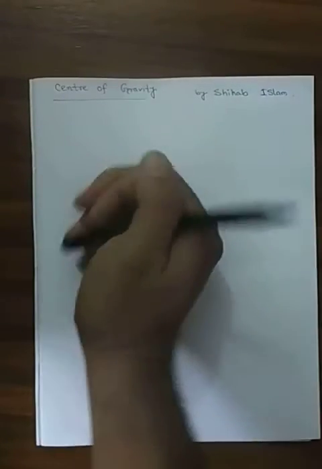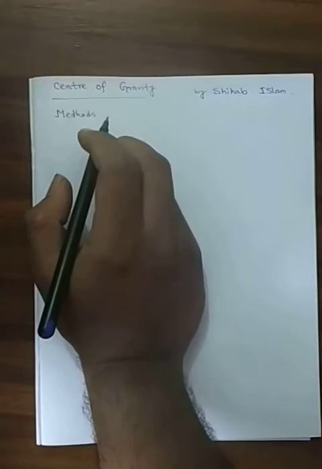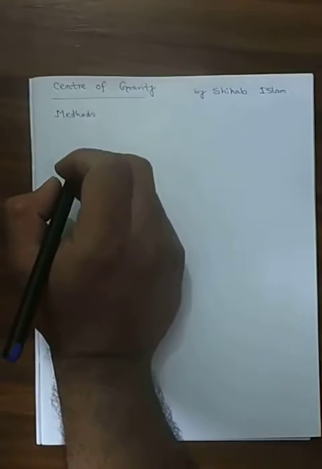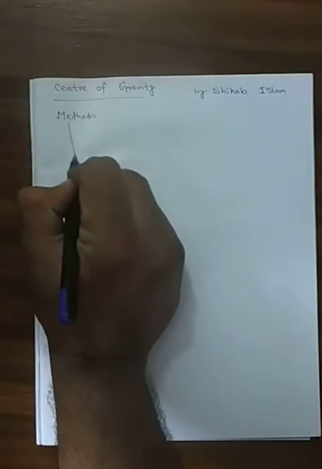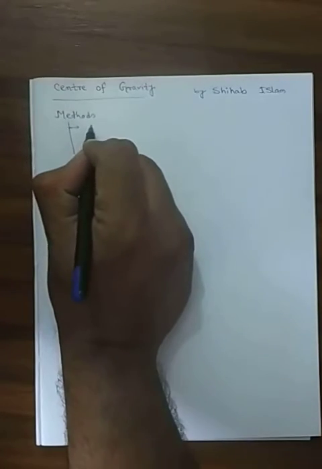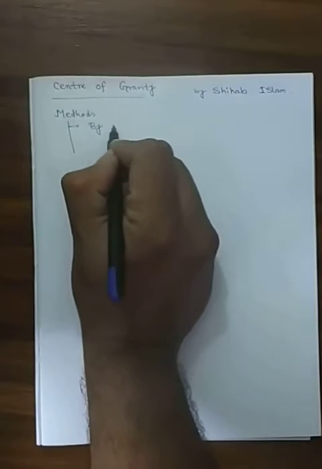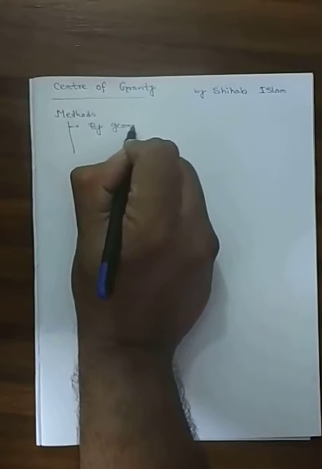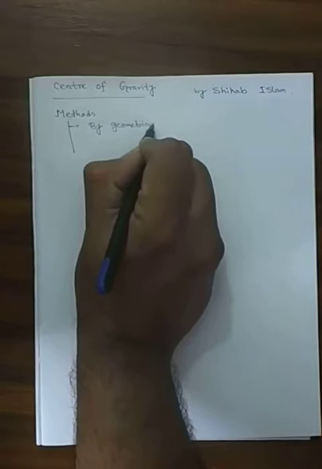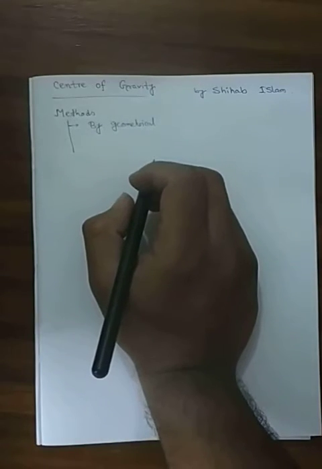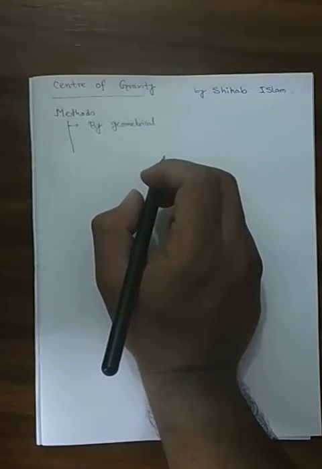So first of all we have to know what are the methods of center of gravity, right? What are the methods? They are normally broadly classified as three types. Number one is by geometrical consideration.